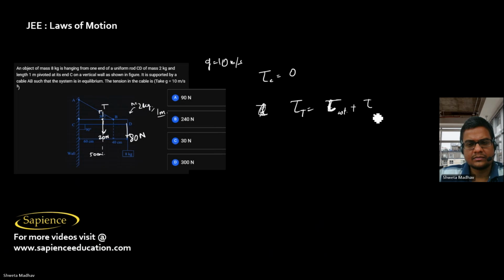So now the torque of the tension force will be equal to r cross F.